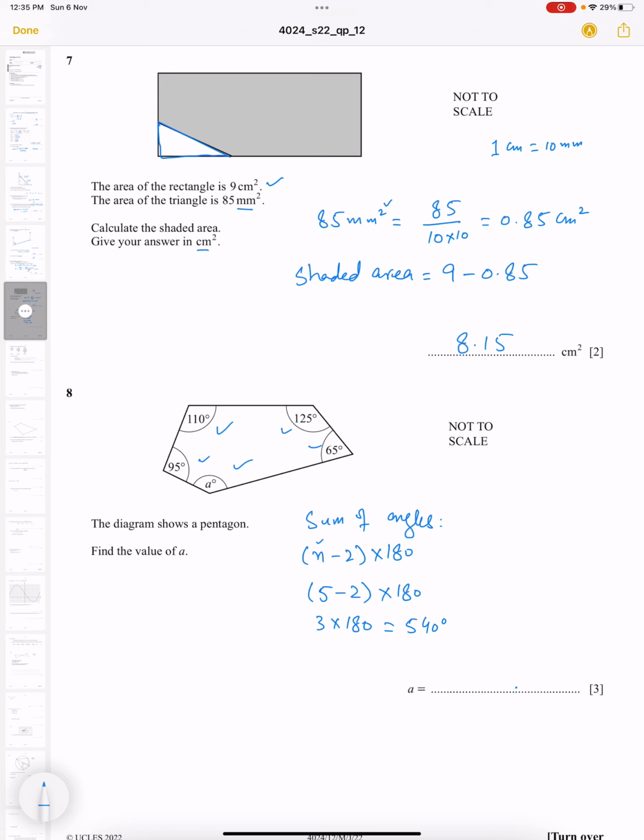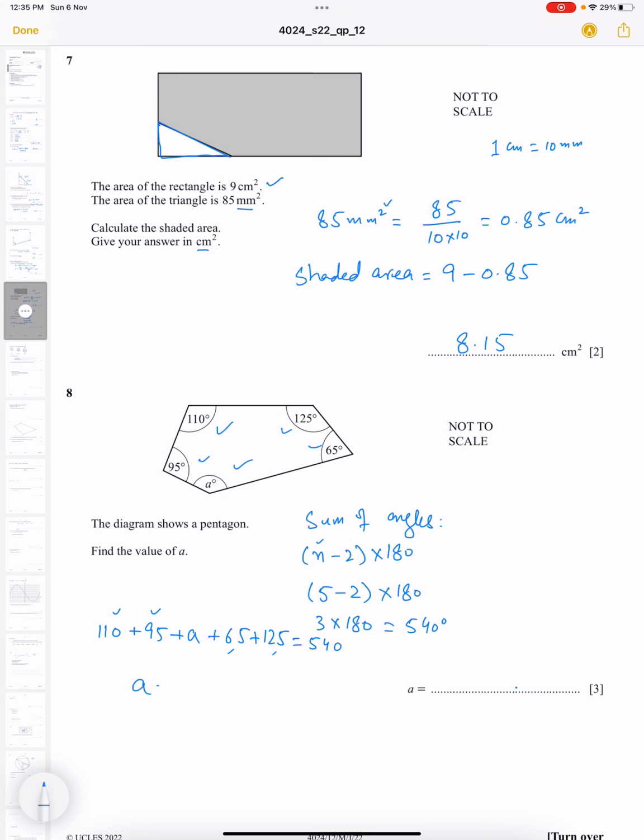So 110 plus 95 plus A plus 65 plus 125 is equal to 540. Add them up: 110 plus 95 becomes 205, plus 65 is 270, plus 125 is 395.